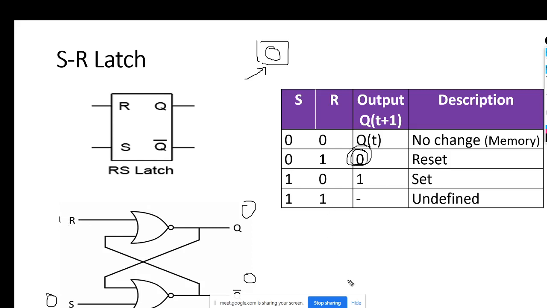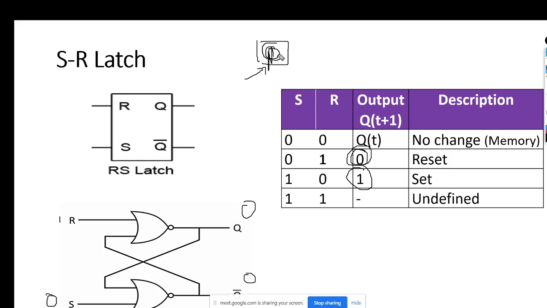So once you understand this concept, you don't have to memorize the truth table. You can just draw the truth table. Similarly, when S is 1 and R is 0, S means set, you are setting the output to 1. That means you are setting the memory cell to 1. So if you want to set, make sure your S is 1 and R is 0.